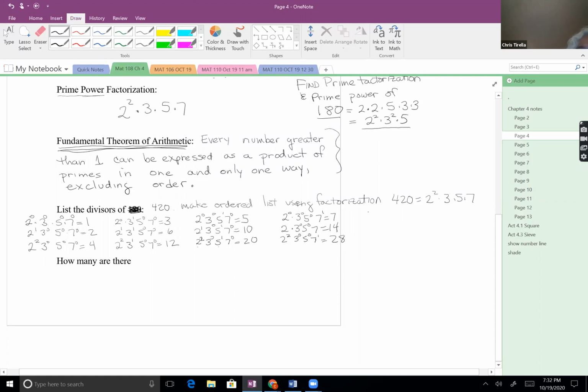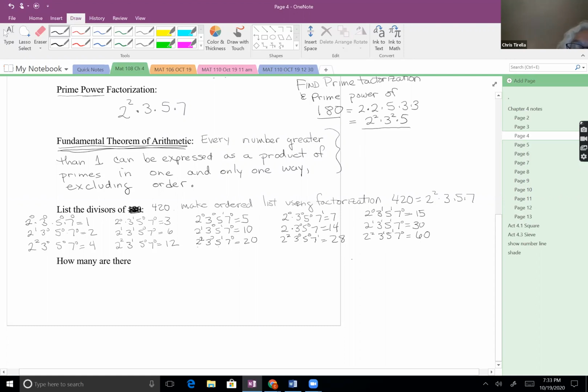Then I could take, let's see, the 2 to the 0, 3 to the 1, 5 to the 1, 7 to the 0. And we could continue this pattern, right? That would give us 15. Then 2 to the 1, 3 to the 1, 5 to the 1 would be 30. 2 to the 2, 3 to the 1, 5 to the 1 would give me 60. And we could carry on like this, couldn't we, to get that entire list?